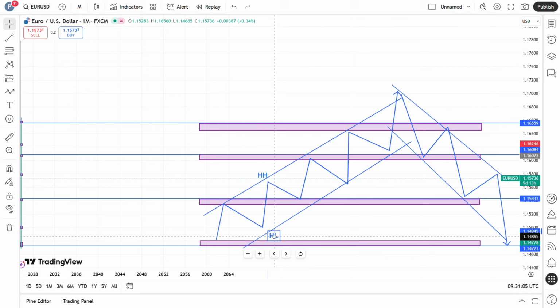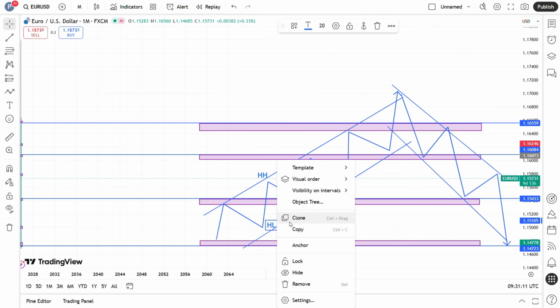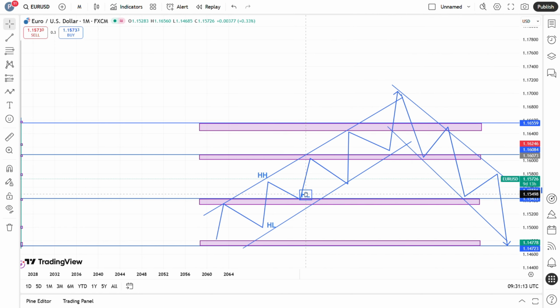The mistake a lot of people make is trying to sell the market on an uptrend. That is the biggest mistake you can ever make, guys. If the market is uptrending, you are looking for buys. If the market is starting to be a downtrend, you are looking for sells only.